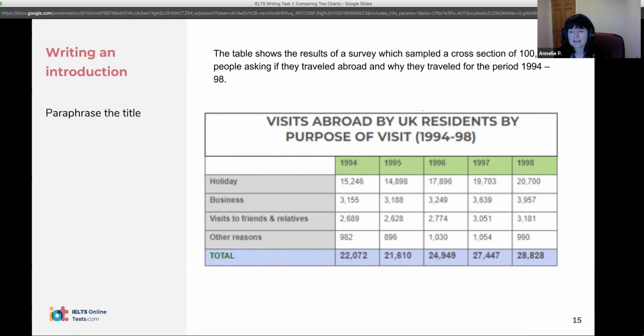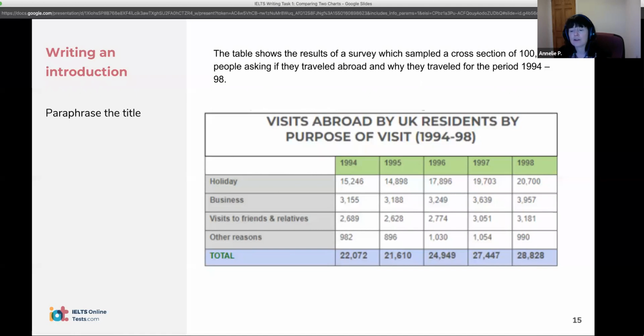Any ideas? Yeah, very good, Patricia. And Kiet, we can use synonyms. Very good, Kier, you can also change the word order. That's another way of paraphrasing. You can change active to passive or passive to active. So you can use grammar to make the changes as well.